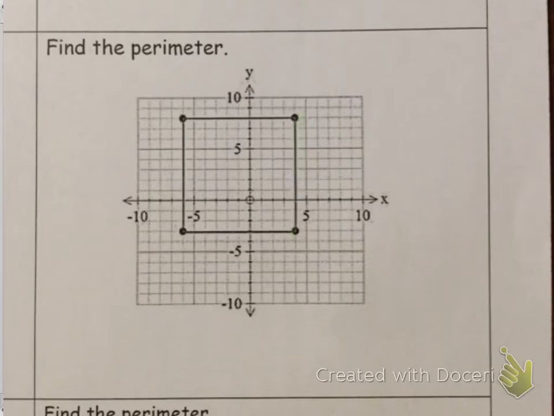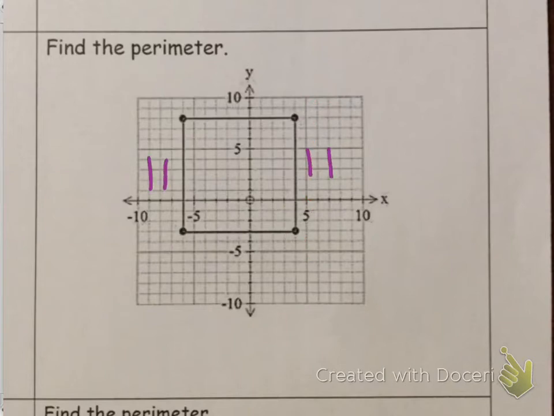I can also think to myself, look, down here I'm starting down at -1, -2, -3. So this is down -3. And this would be up 5, 6, 7, 8, up at 8. So how far did I move from -3 to 8? Well, this would be 1, 2, 3, and then plus these 8. So that whole length right there is going to be 11. So this side is 11.